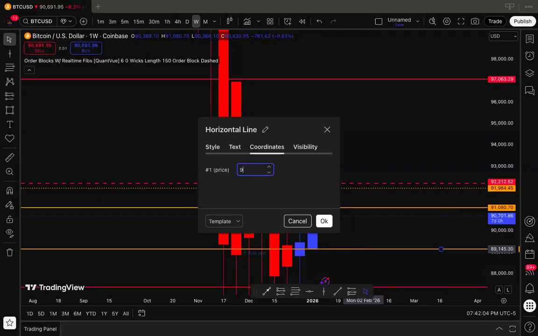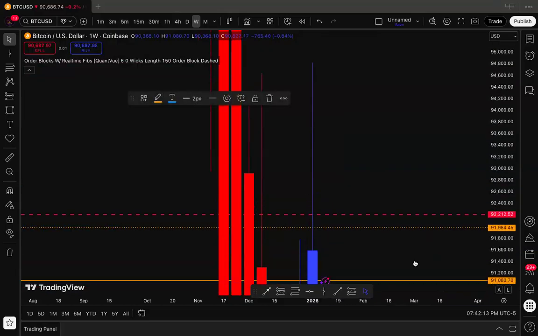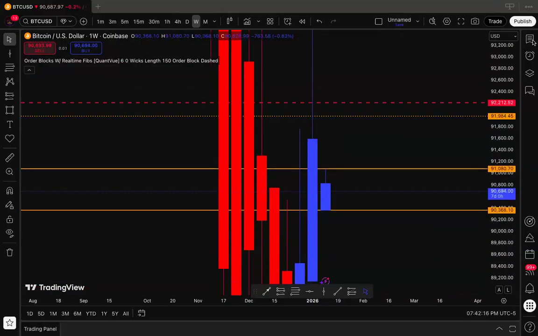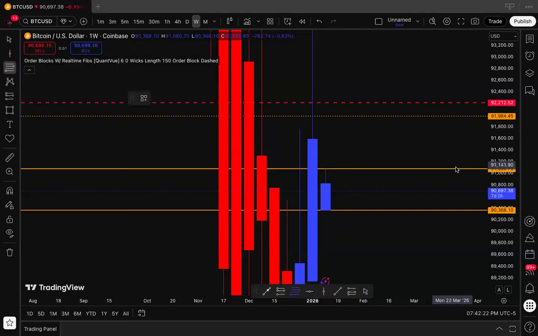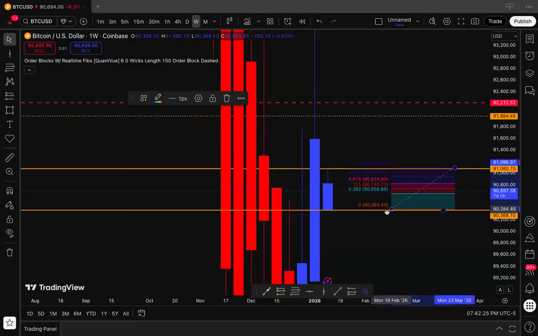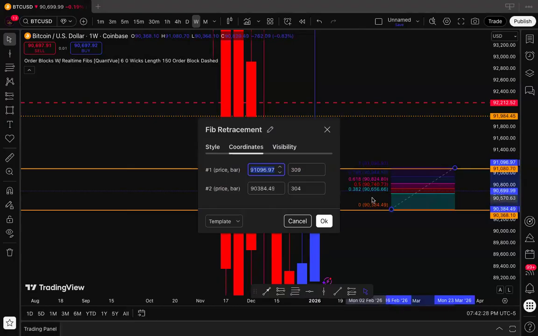Weekly low 90,368.10. The high 91,080.70. The low 90,368.10.